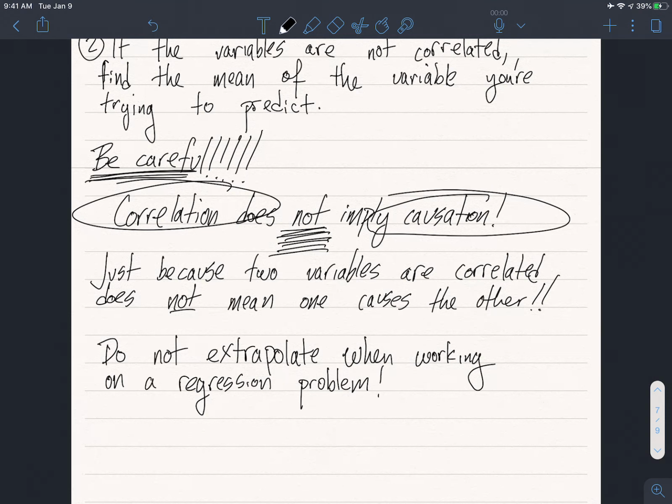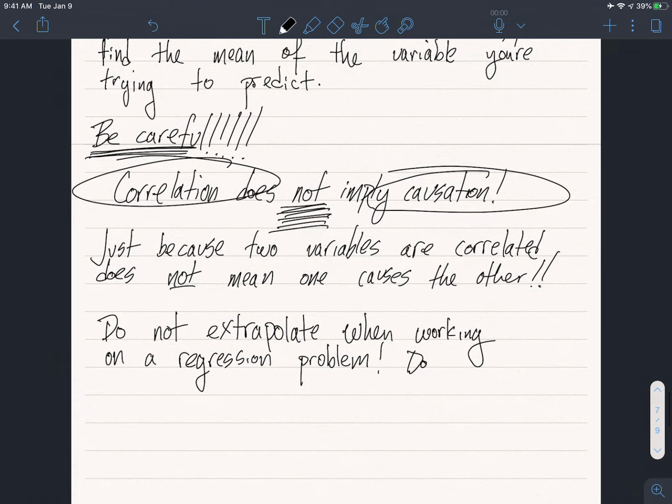Okay, well, what does that mean? Do not use values far outside the original range of data.